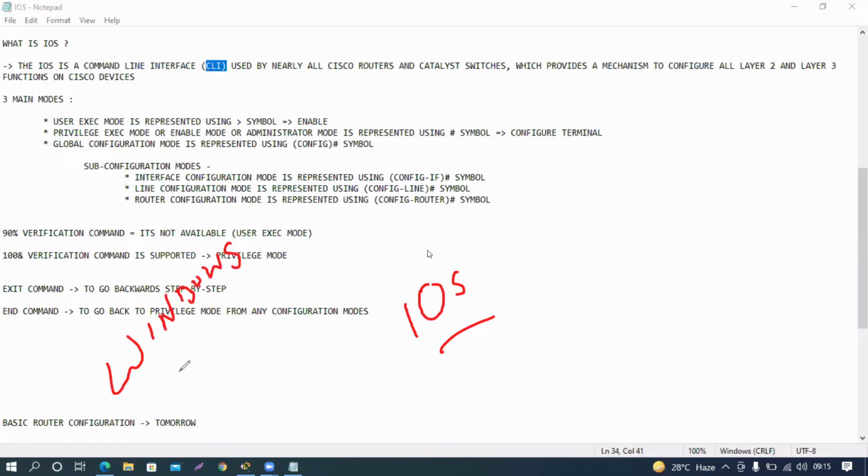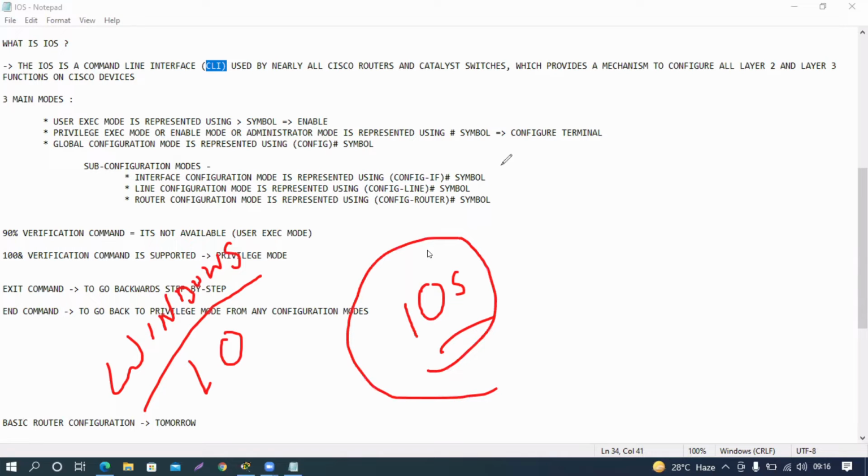All of us have laptop, desktop machines, and we are using Windows operating system like Windows 10. Whenever we are doing any work, we always need an operating system on our devices to work. It's like in a smartphone, you have Android. Similarly, this is the operating system of your Cisco routers and switches.